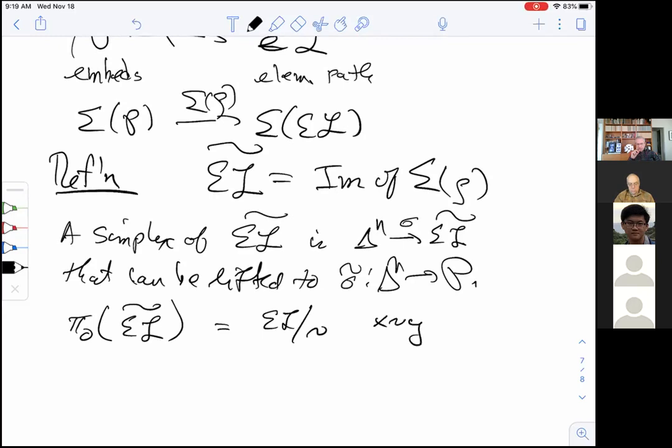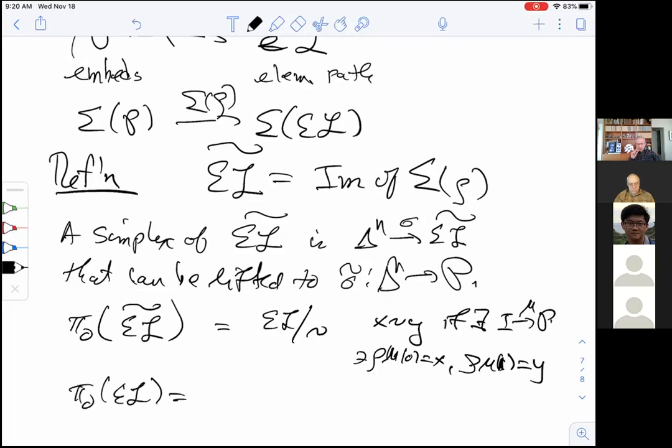X is equivalent to Y if there exists a path mu in P such that rho of mu of 0 is X, rho of mu of 1 is Y. That's different from the equivalence relation that would define pi naught of the space, which is just the points of the space mod the equivalence relation: X is equivalent to Y if there exists a path in the space with these properties.